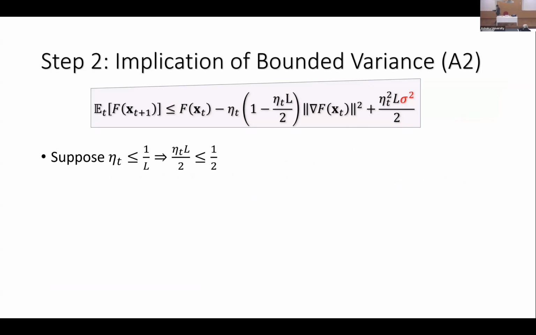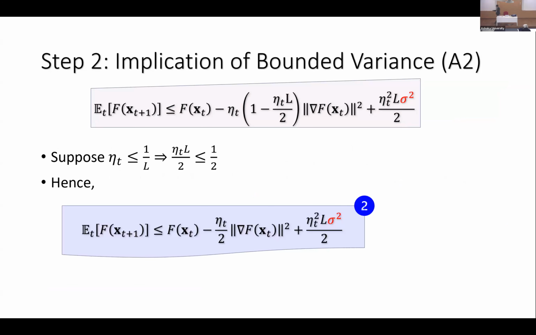For example, we could use that eta has to be small, not too large. That will simplify. But let's observe this for a little bit. Compared to gradient descent, what is the difference? In gradient descent, this last term was not there.